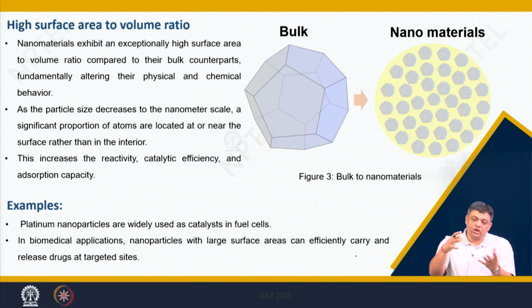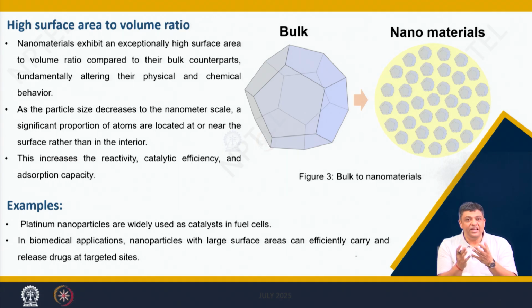So, you actually have a large particle, but most of the weight is being lost. So, you are not utilizing the available atoms because they are not at the surface, they are in the bulk, and the atoms are not exposed for carrying out or driving any chemical reactions. But if more number of atoms come on the surface or nearby the surface, then they can start contributing to the chemical reactions.